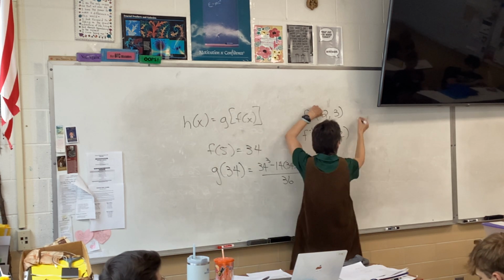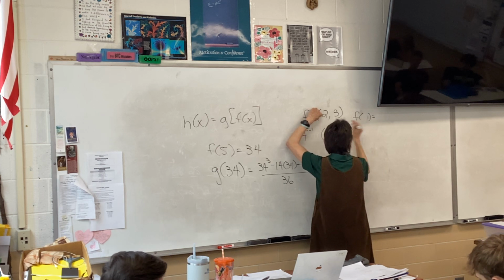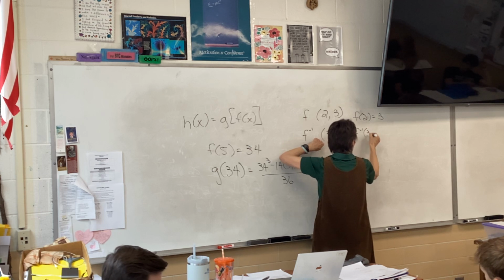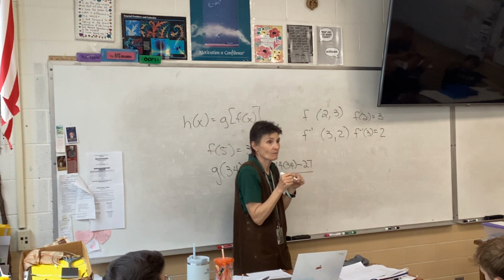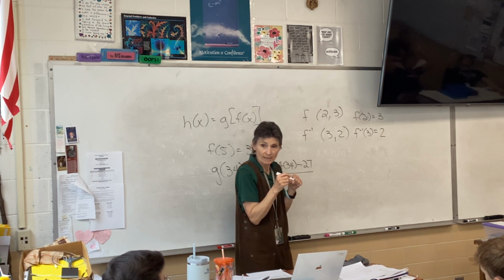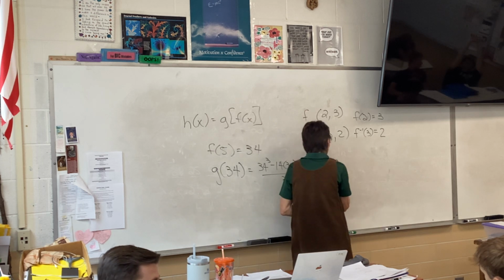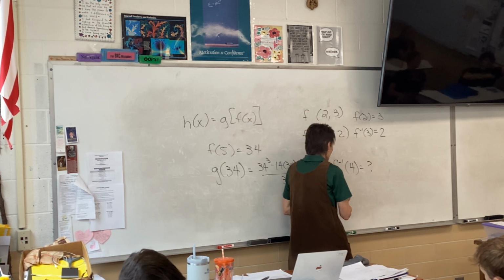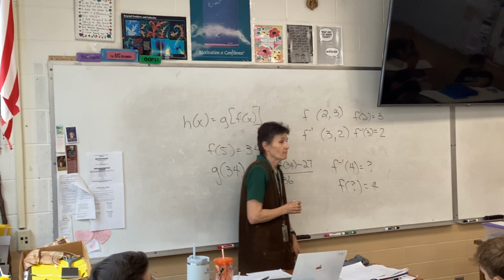So if f of 2 is 3, then f inverse of 3 is 2. That's what it means to be an inverse. So when they say f inverse of 4 is what? Then that means f of what is 4, doesn't it?